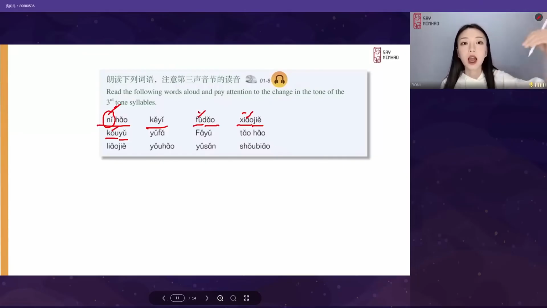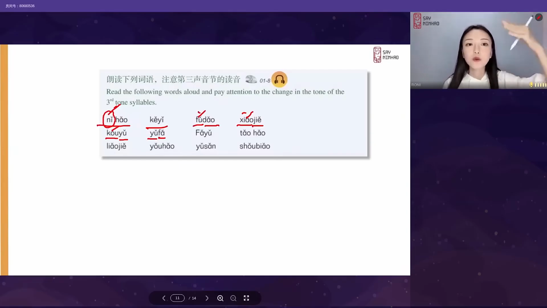Then it makes 口语, 口语. Next one is 语法. And then we should change 语 into second tone. So read after me, please. 语法, 语法. Very good. Next one is 法语. We should change 法 into second tone, so it becomes 法语, 法语.